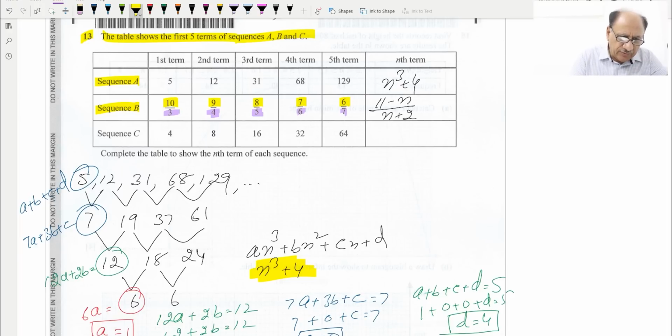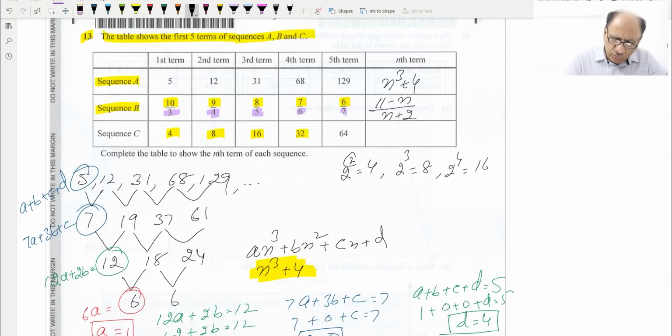This is done. And sequence C is what? 4, 8, 16. So 2 raised to the power 2 will be 4, and similarly 2 raised to power 3 will be 8, 2 raised to power 4 will be 16.